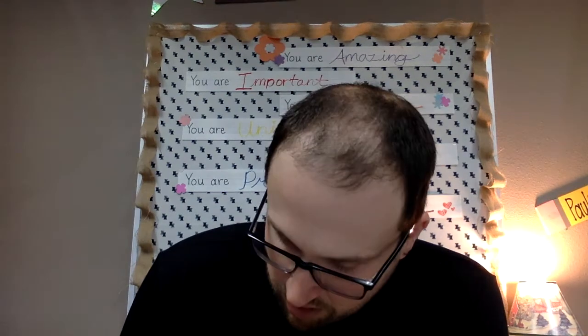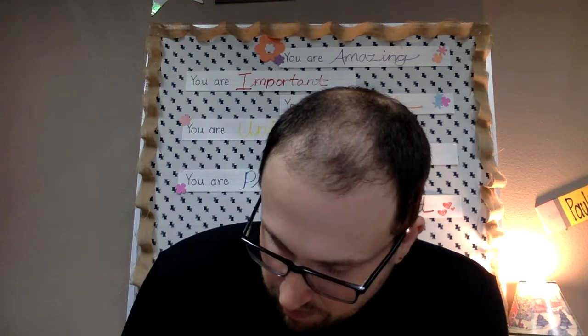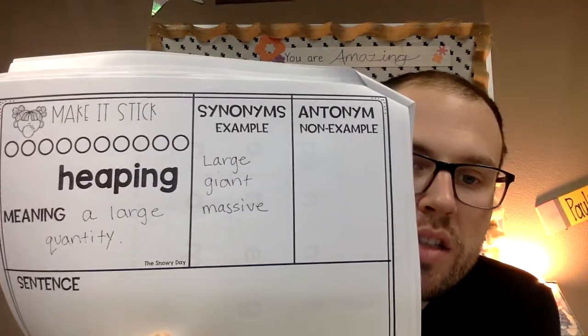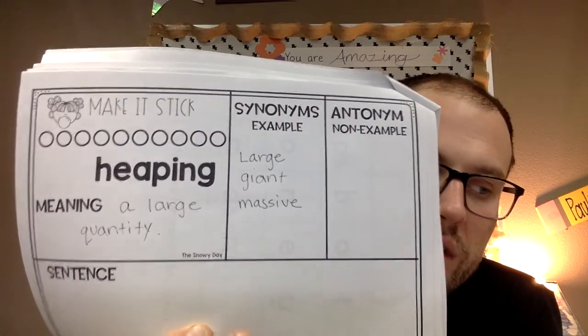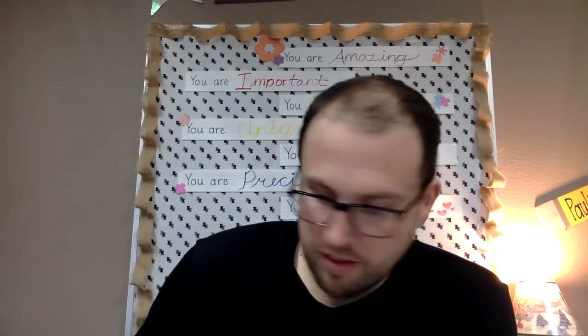Giant. What's another word for heaping? Massive. Okay, so you can pause this, write large, giant, massive, catch up to where I'm at. When you're done, we're going to move on to antonyms.